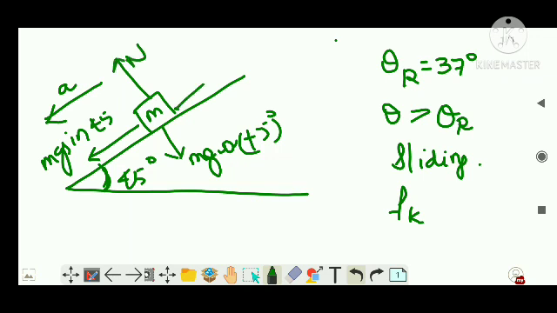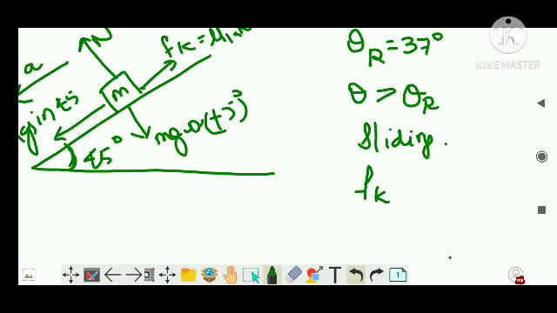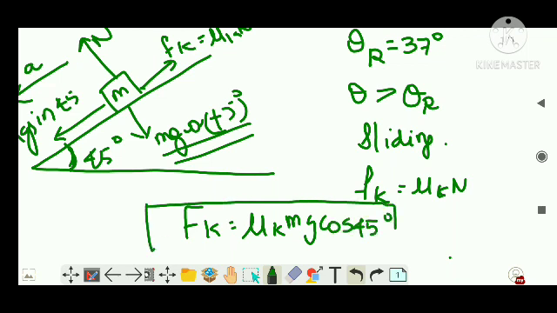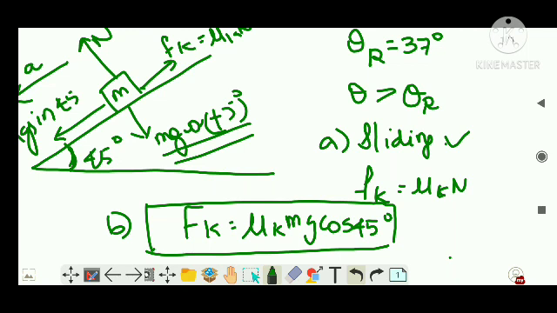The frictional force which opposes the motion is kinetic friction, which is mu k into N. Now Fk is mu k into N. I don't know the value of N, but we can look at the figure and find that N is equal to mg cos 45. That means Fk is equal to mu k mg cos 45 degrees. This is the kinetic friction. You are asked whether the body will move. Yes, it is sliding. That is the first part. The second, what is the kinetic friction, you have found.